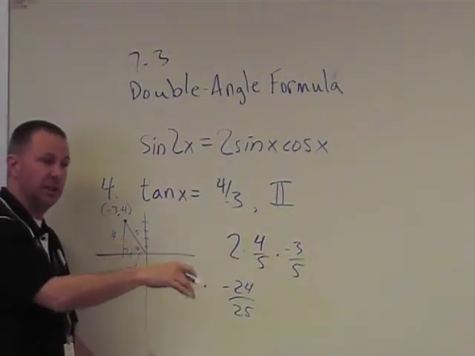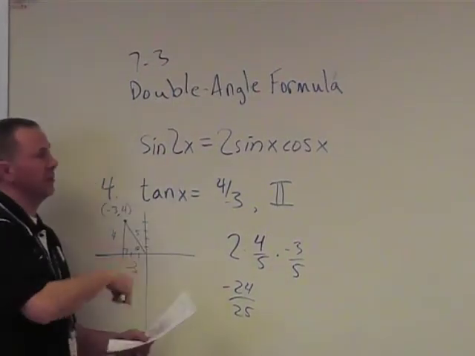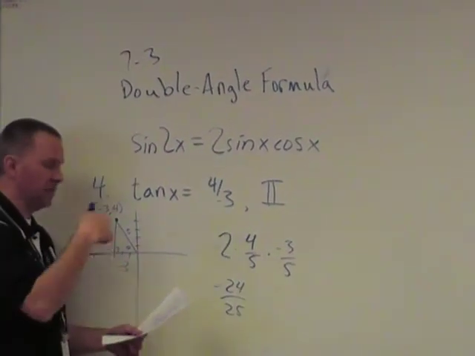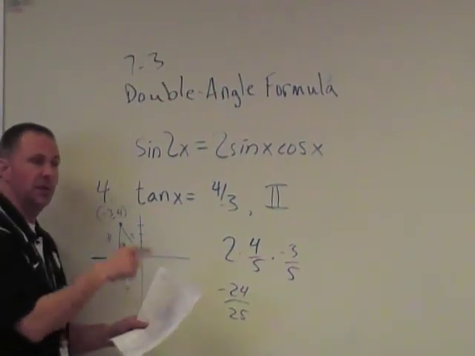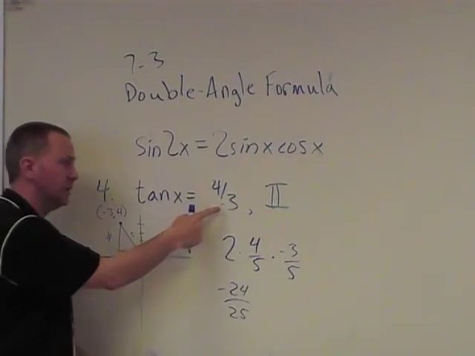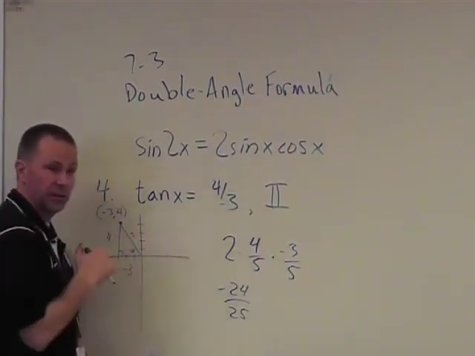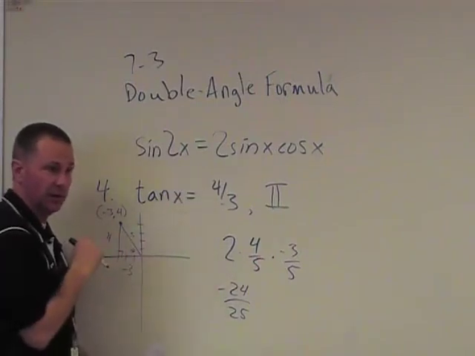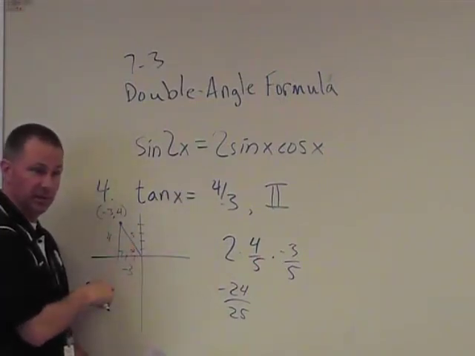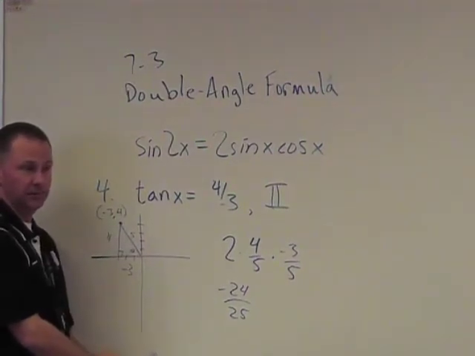In this case, at the beginning, it's asking you to take this information, do the sine of 2x, then the cosine of 2x, then the tangent of 2x, and it gives you the formulas to plug those values into. Step 1, take this information, draw your triangle in whatever quadrant it's telling you so that you know where your negatives are, figure out the missing piece, and then fill out the rest of the formula.